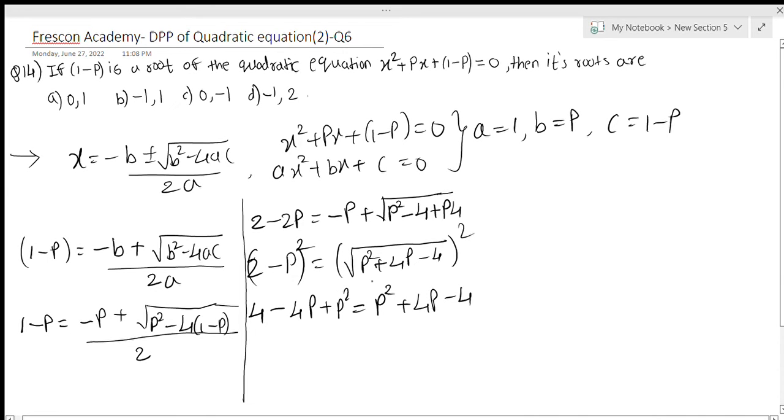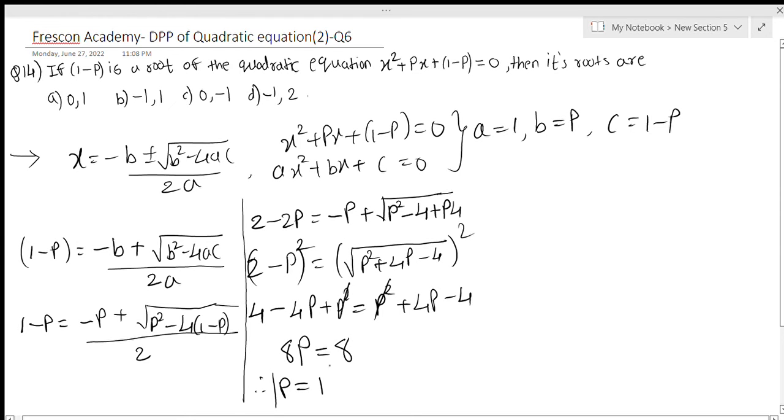This p square and p square are on the same side, so it will be cancelled out. If I take this minus 4p towards the right hand side, it will be 8p is equal to 8. So from here I get the value of p is equal to 1.